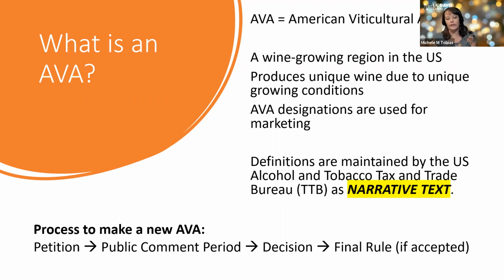And then once that public comment period is over, the TTB makes a decision whether they want to actually make this an official AVA or not. And if they decide they want to keep it, then they produce a document called a final rule. And that gets published in basically in federal law. So these are official federal boundaries.